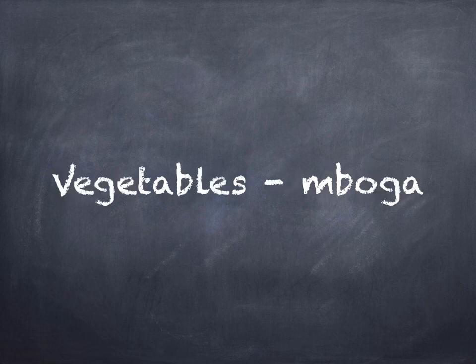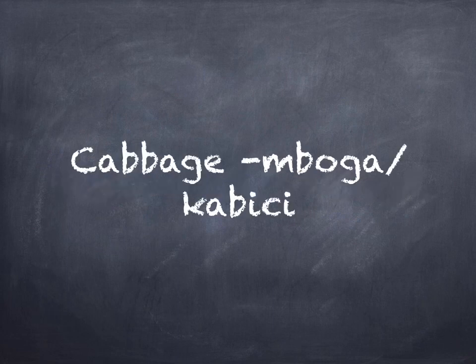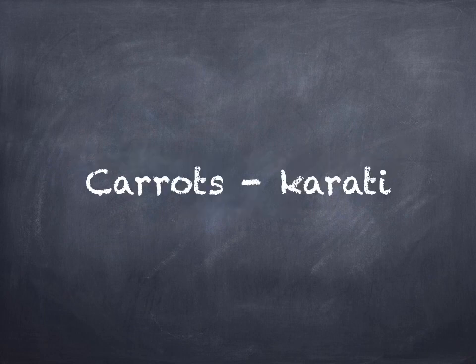Moving on to another type of food known as the vegetables. Vegetables in Kikuyu known as boga. The cabbage is also known as boga, or kafisi. Carrots are known as karati.